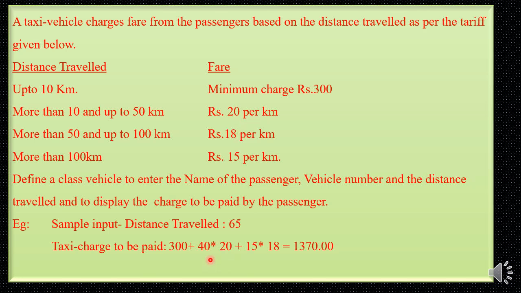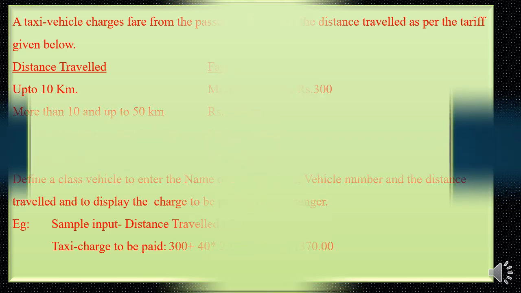So 40 into 20 plus, the distance travelled is 65, so what is the distance more than 50? 65 minus 50 equal to 15. For that, as per the given tariff, it is 18 rupees. So 15 star 18, and the total amount to be paid by the passenger is rupees 1370. Let's go to the program.